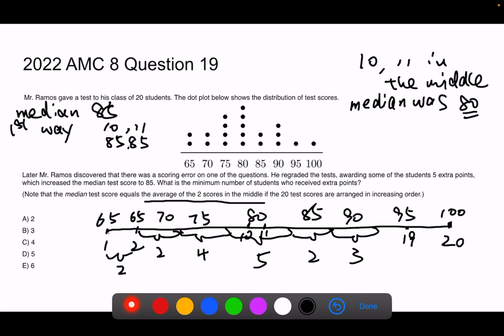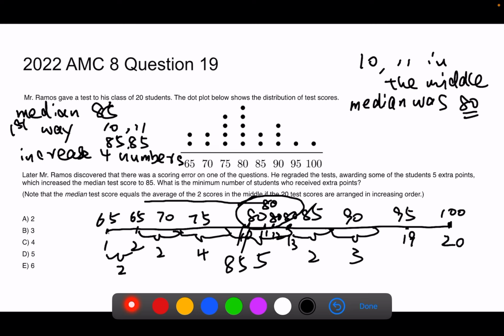Remember, your 10th, 11th, 12th, 13th are now 80, 80, 80, 80. So if you want your 10th and 11th to be 85, you will need to increase those four numbers to 85. In that sense, starting from your 10th number, it's 85, 85, 85, 85. So you need to increase four numbers.